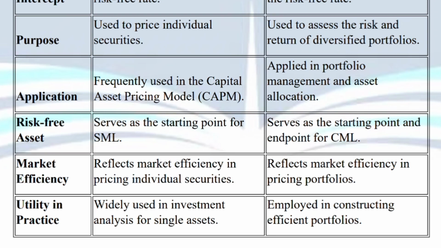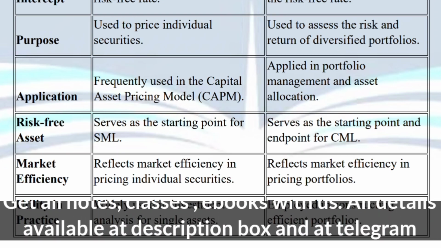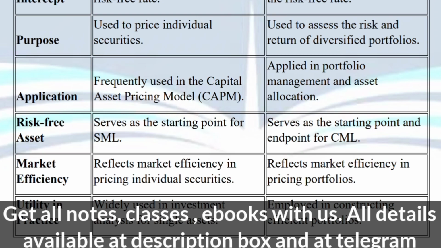But on the other side, the capital market line is used especially by portfolio managers and investors to construct diversified portfolios that balance risk and return efficiently. It also helps investors in guiding asset allocation decisions and portfolio optimization strategy.